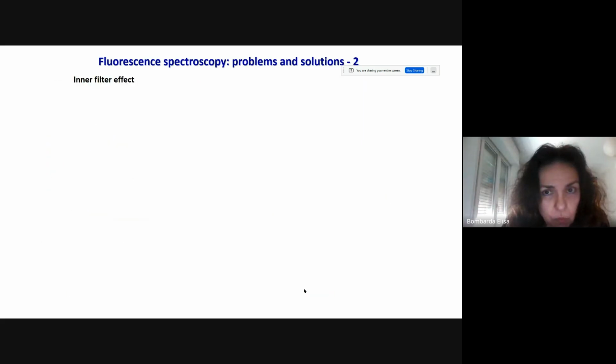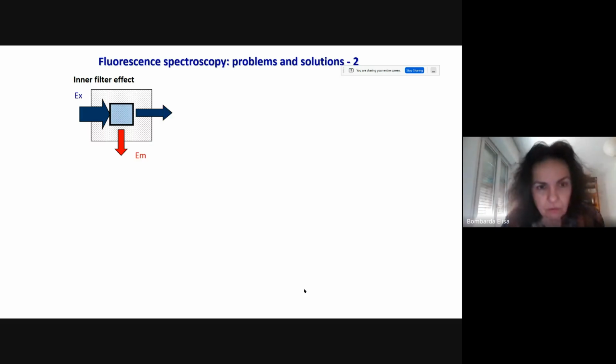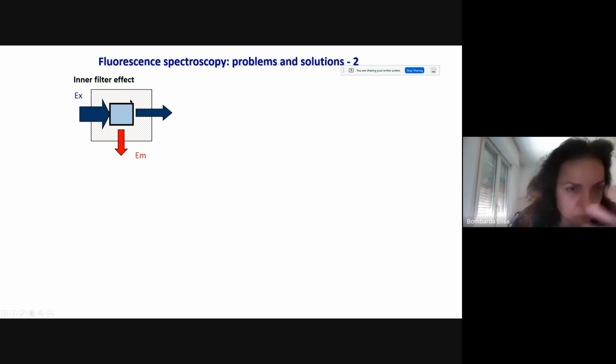Another problem that you can have in fluorescence measurements is what is called the inner filter effect. I first explain what it is, and then we'll see how it can affect the fluorescence signal. This is a configuration of your experiment. The square here is your cuvette.